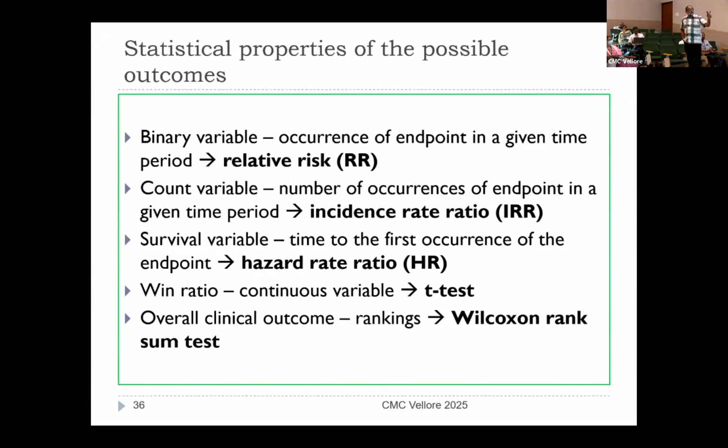But if I say time to the first occurrence of the endpoint, when the person has been lost to follow-up, I've stopped following that person on that date. And so the information is censored, and there are ways to handle the censoring. Oh, and I also don't lose any data. People love to do time to the first occurrence because they don't have missing outcome data. Even if the person stopped after 2 days, didn't come anymore, at least we had 2 days of exposure and they didn't get that.